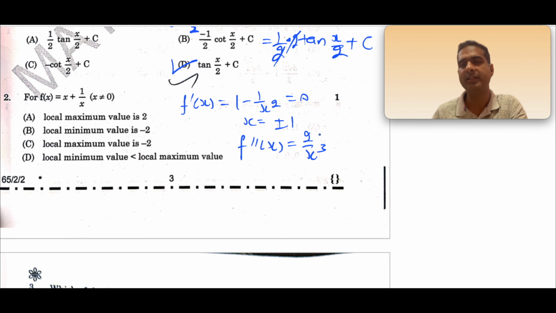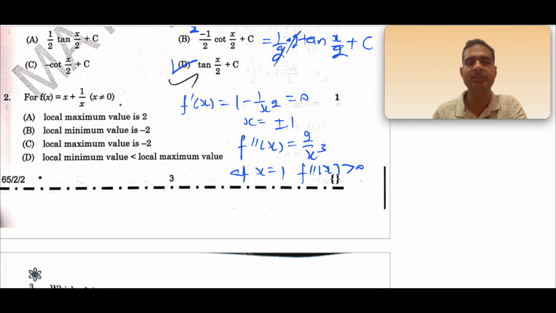If the second derivative is negative, the function has a local maximum, and if it is positive, it has a local minimum. At x equal to 1, it will be 2 by 1, which is positive, so f double prime of x is greater than 0.